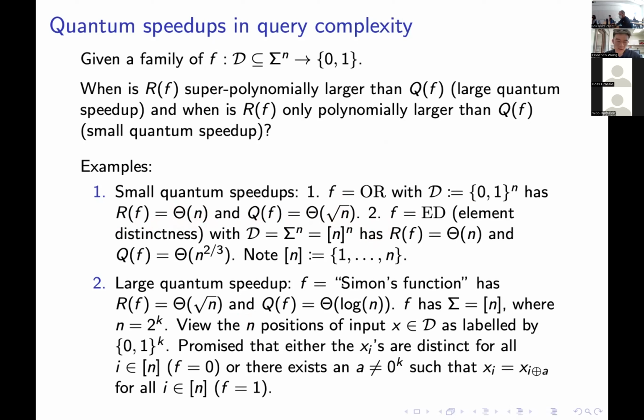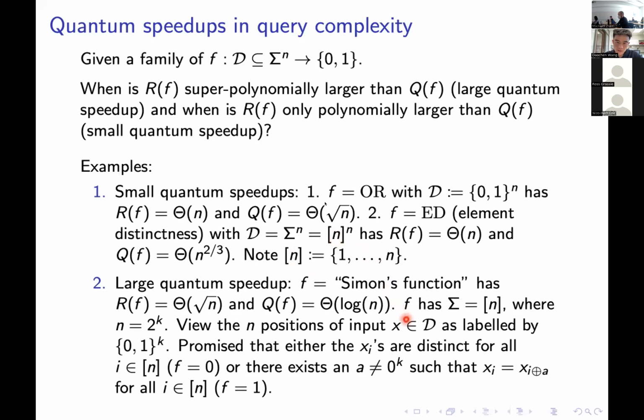A second example in the small camp is f equal to ED, short for element distinctness. In this example, the domain D is sigma to the n, where sigma is bracket n, and throughout this talk, you'll see bracket n coming up a lot, and that's simply the set 1 up to n. This function takes a length n string where the entries are in bracket n, and it outputs 1 if there are 2 distinct positions that contain the same entry.